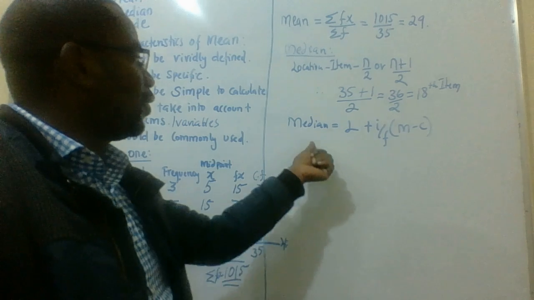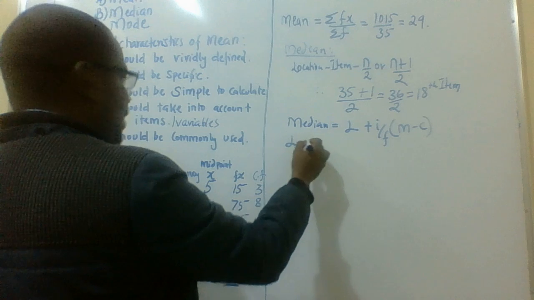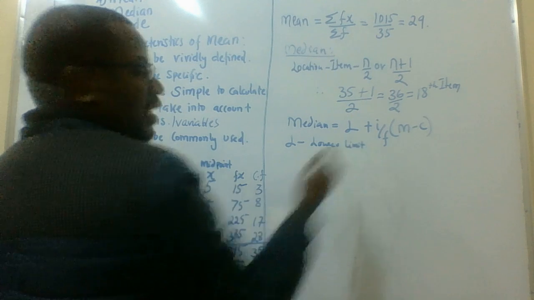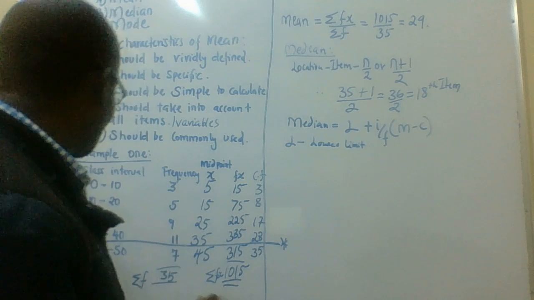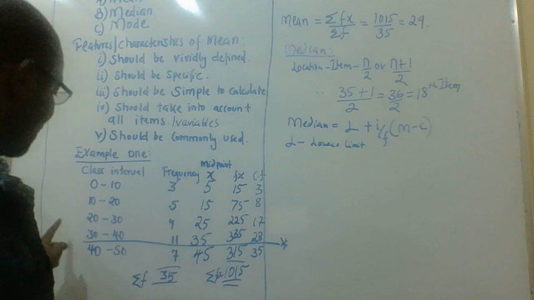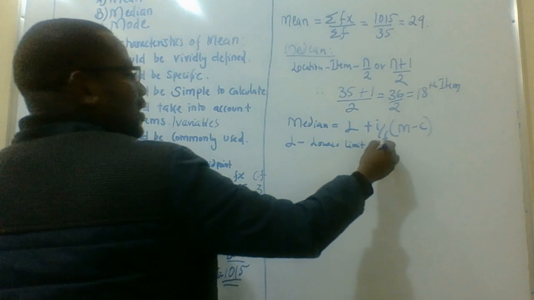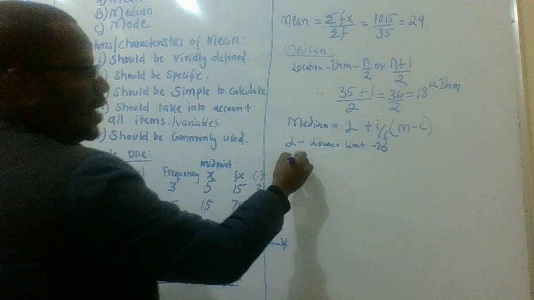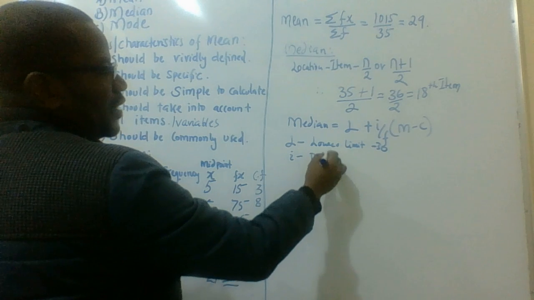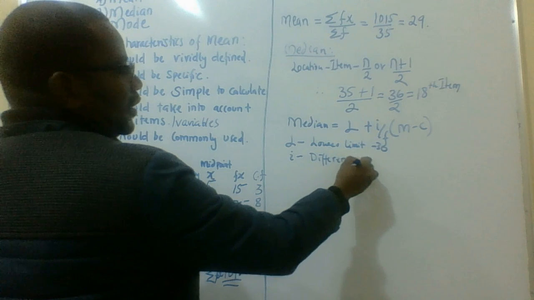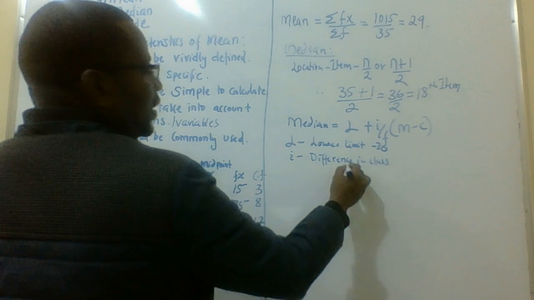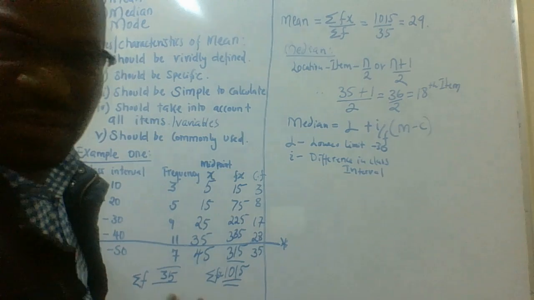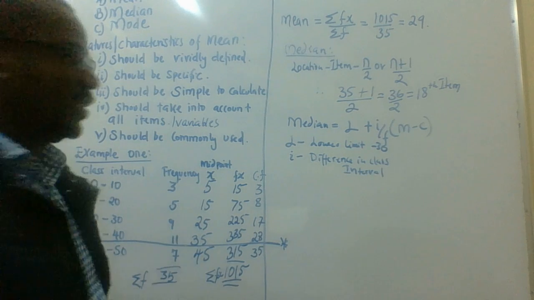L is the lower limit of what I have underlined here, which is 30. i is the difference in class interval, which is 40 minus 30.